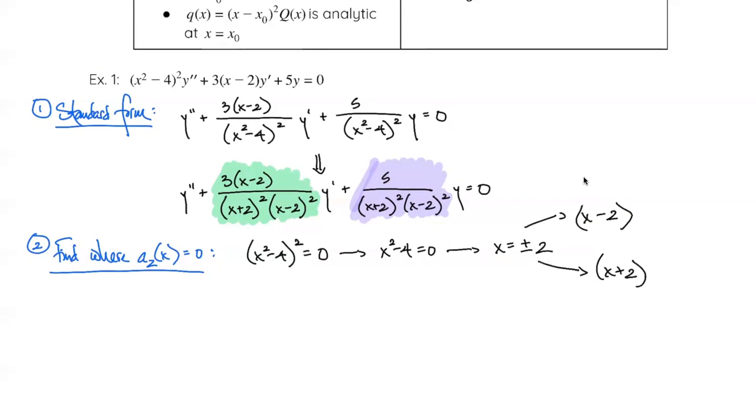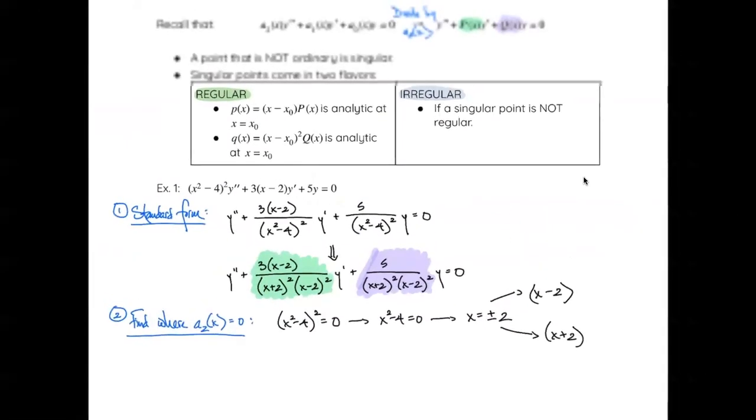These two points, x equals positive 2 and x equals negative 2, are points that we need to consider: if we multiply them by our capital P of x, or square them and multiply them by our capital Q of x, are we going to get something that is analytic or not?